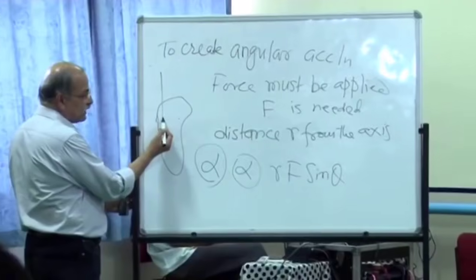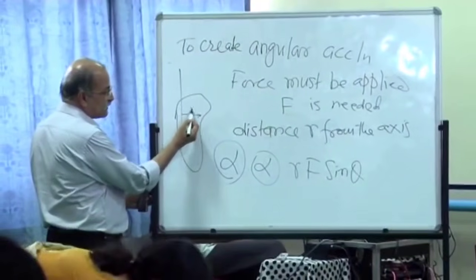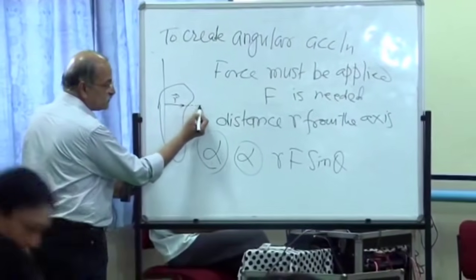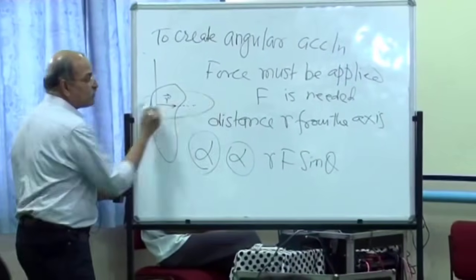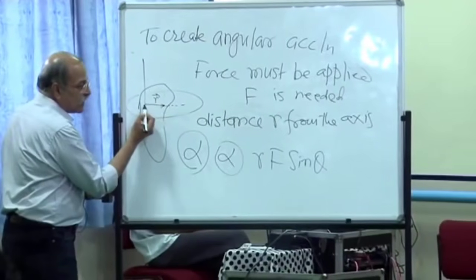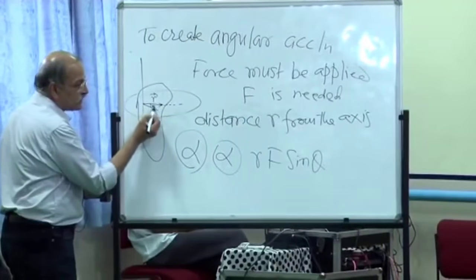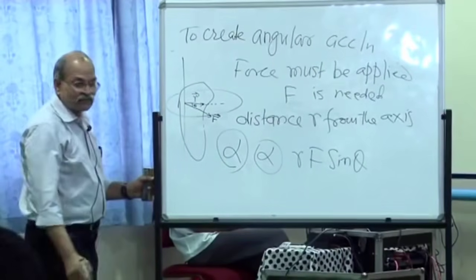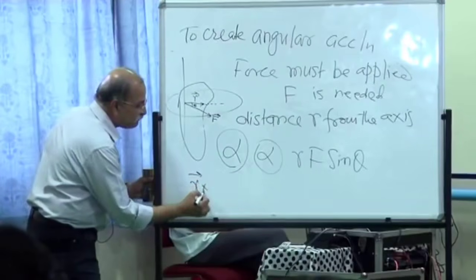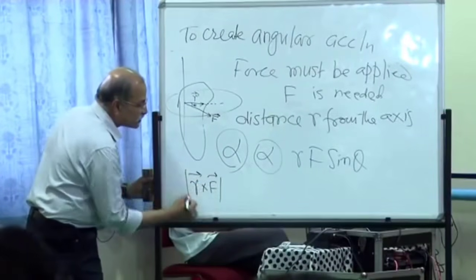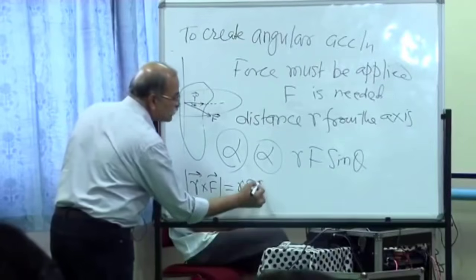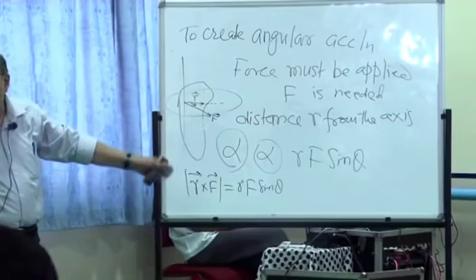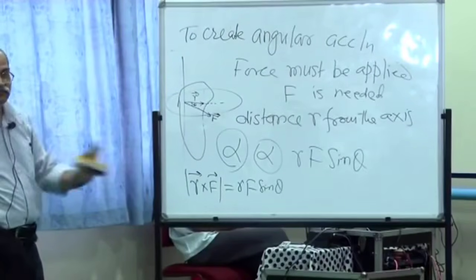I drop a perpendicular here, and this I call r vector. This is the point where I will be applying force. And in that perpendicular plane, with this r vector making angle theta is the F vector. And r cross F, the magnitude of this is r into F into sine theta. I am forgetting the component parallel to the axis of rotation, that has nothing to do with this.